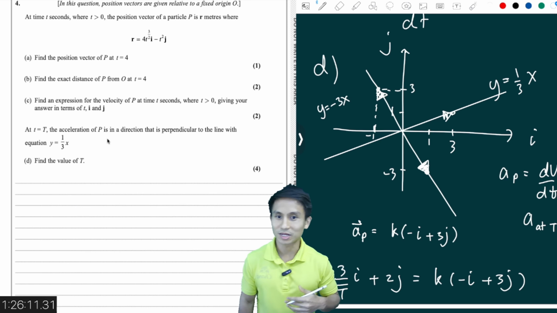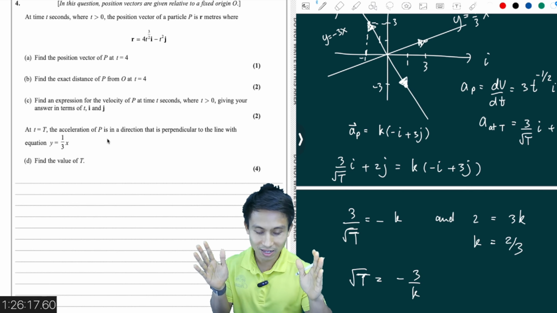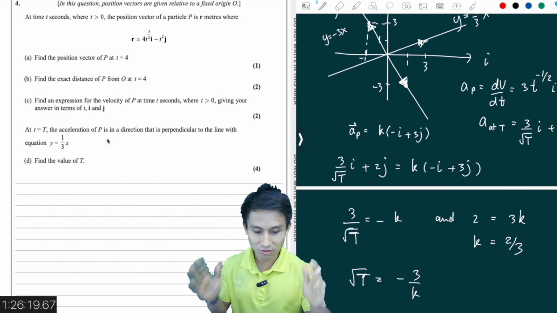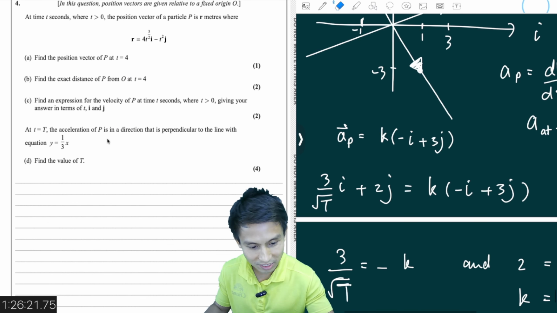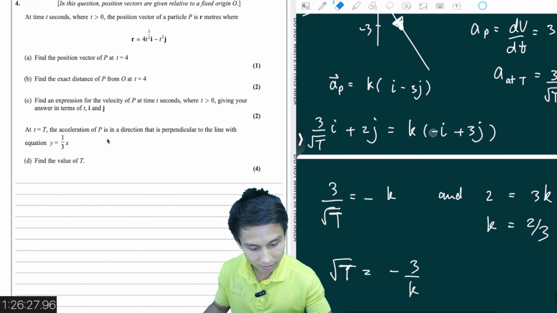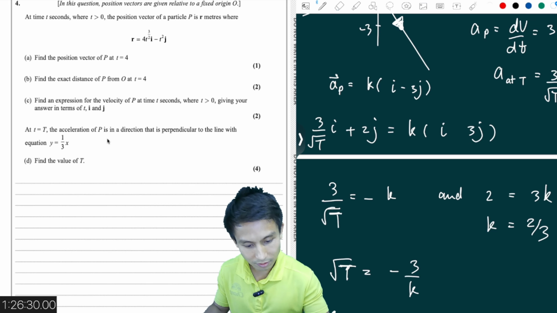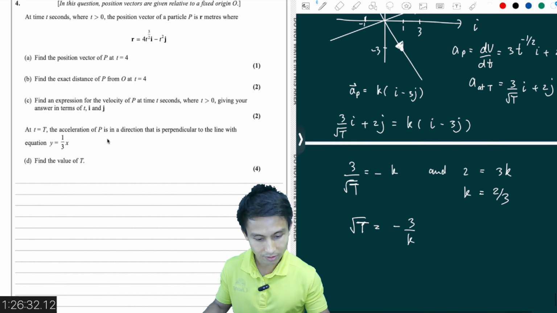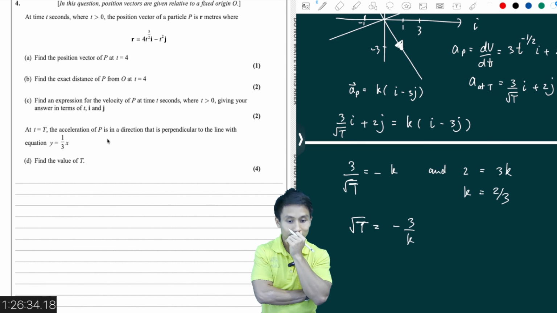Because it's just perpendicular to that line. So let's change that to 1, minus 3, rather than minus 1, 3. I'm just going to change this to this and see if it works. No, still the same problem.